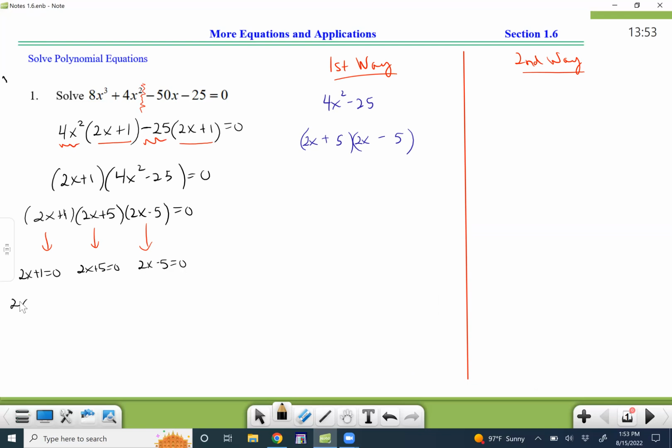So we'll move the 1 over, making it negative, and then we'll divide by 2. We'll move the 5 over, making it negative. So we're going to get negative 5 halves. And then we'll move the 5 over, making it positive.